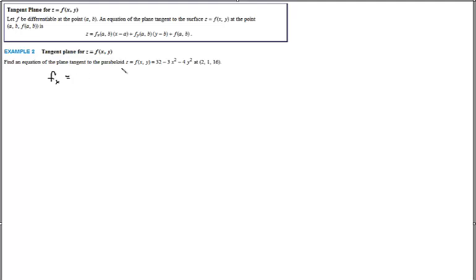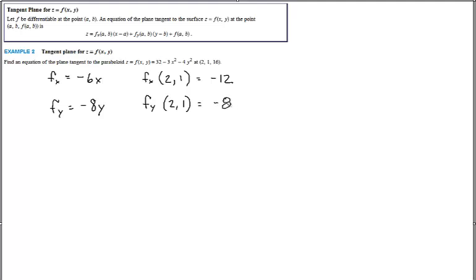So that partial would be minus 6x, that's it, evaluated at that point. Fx at the point (2, 1) is then going to be negative 12. Fy, with respect to y, is minus 8y, evaluated at that point is going to be negative 8.